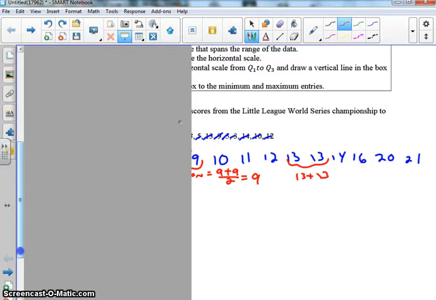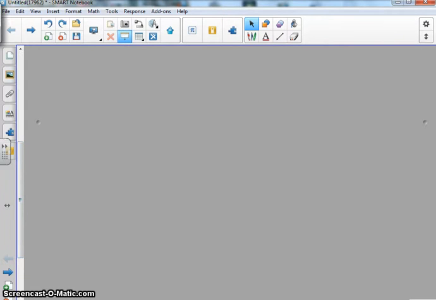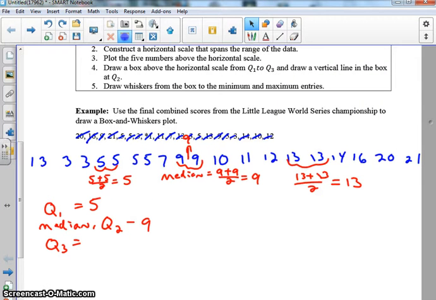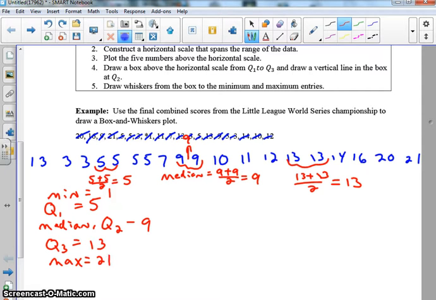Purely coincidence that they happen to be the same number. Lots of times you'll get a decimal or something different. So this is kind of just a weird example. That's the way it turned out. So Q3 is 13. The minimum should be obvious since they're in order. It's 1. The maximum should be obvious since they're in order. It's 21. So there's my 5-number summary set.